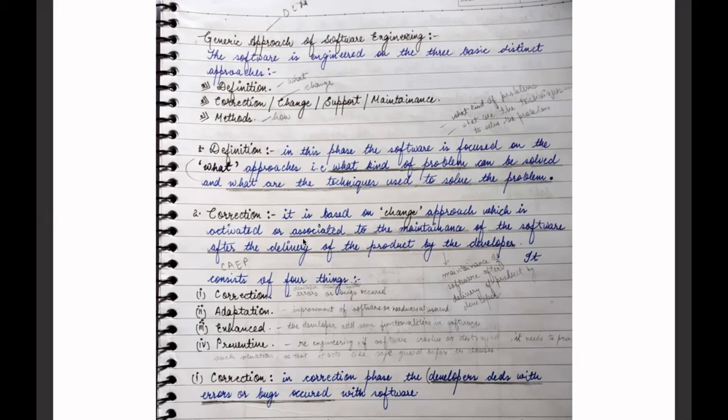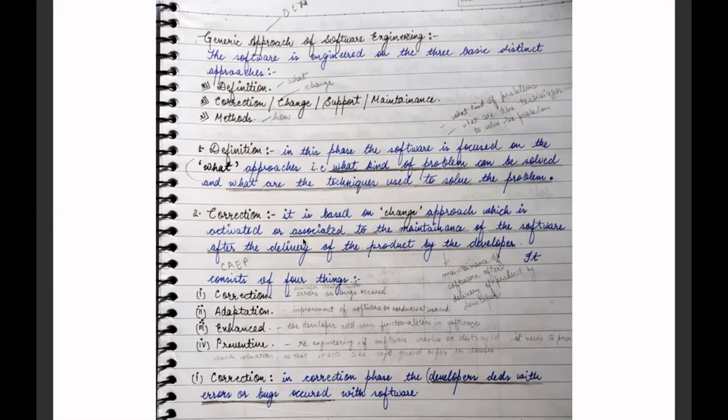This will be done in the definition phase. And which functions are required? These are also defined in the definition phase. Overall, the expectation and capacity of the software product is totally explained in the definition phase, which is a generic approach of software engineering.